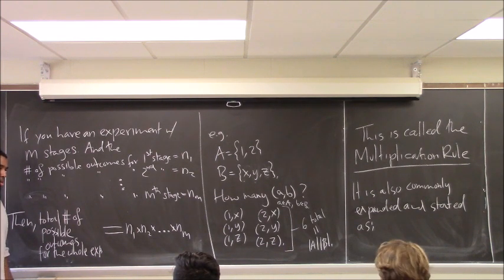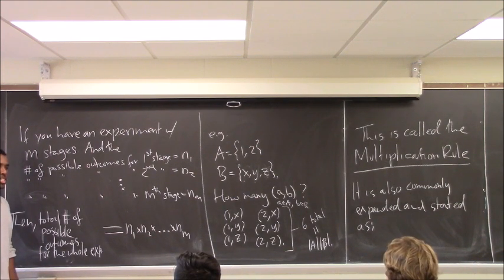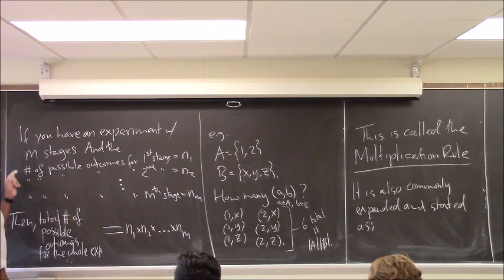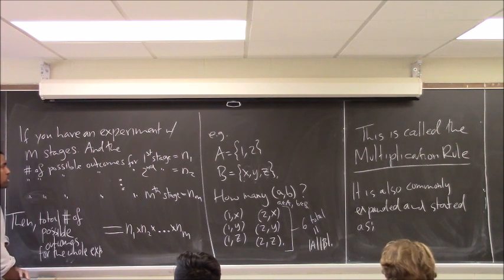Think of the coin problem that we had earlier as well. 4 coins randomly tossed on a table. You can think of the 4 coins as 4 stages in an experiment. Think of each coin as a stage. Number of possibilities for one coin is 2. For the other one is 2. For the other one is 2. If you wanted to count the coins in order, you could multiply 2 by 2 by 2 by 2 and use that as the total possible outcomes.